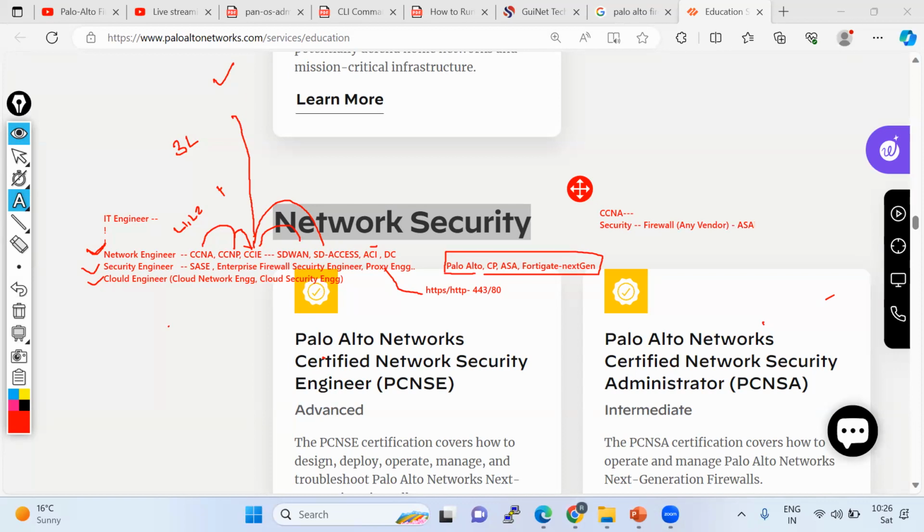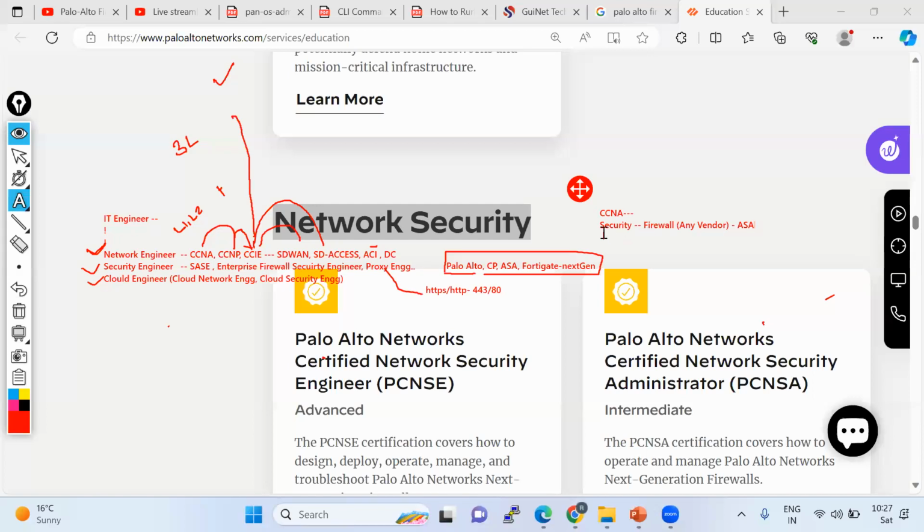At least you have to understand why a firewall is required, how it is part of the networking concept, and how it protects all my services, applications and network devices. So this is how the firewall comes into the picture. The security journey always starts with learning any firewall, right?